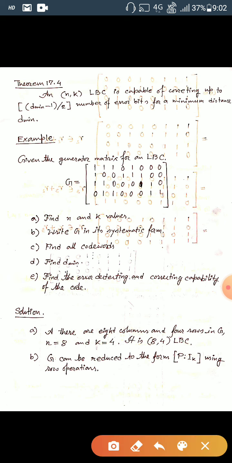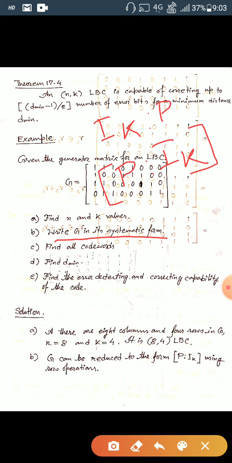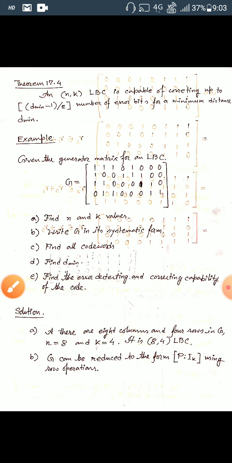Now the second question is to write G in the systematic form. Systematic form means you have to write it in the form [Ik | P] or [P | Ik], whichever you prefer. This is the systematic form for G. In this case, we prefer [P | Ik], and for this there are some steps we are following.